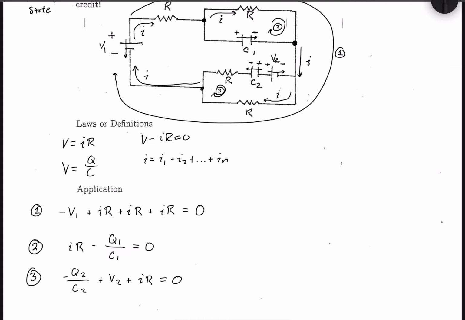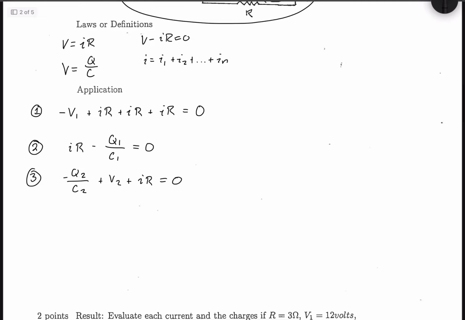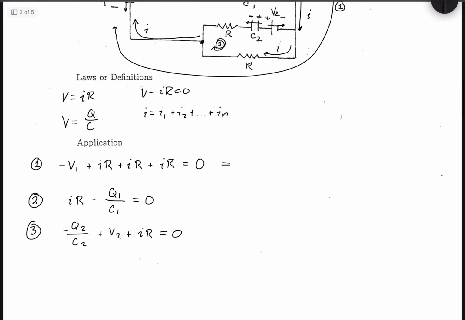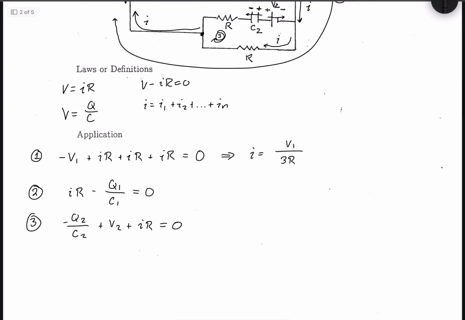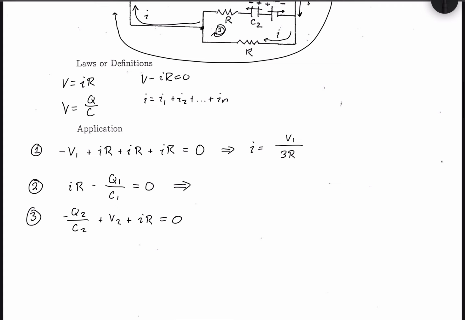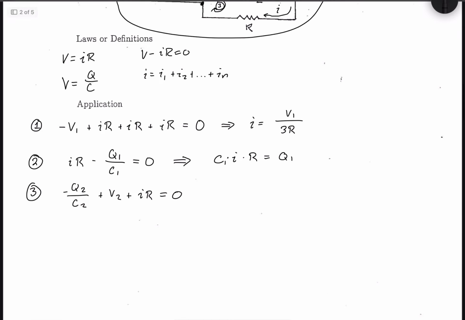So we want to find the current and the charge on each capacitor. We'll solve this first one for current. If you add V1 over and then take out R, there's 3 of them, so it's V1 over 3R. Then we can solve this one for charge 1, which would be C1 times I times R, which equals charge. And then you can solve this one for the same thing.